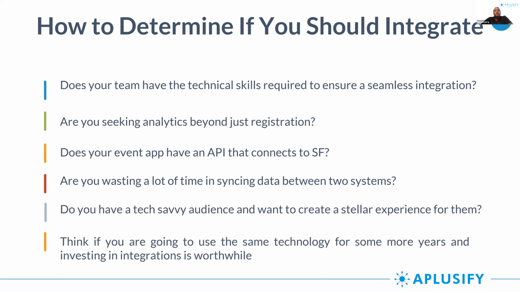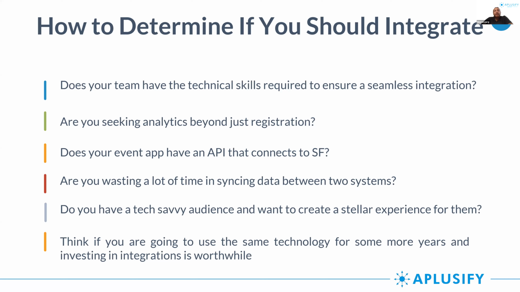Suppose you are using an AMS which you are not satisfied with and you want to change it, and your technical team says, look, let's integrate it with the event app. As soon as you change the AMS and move to some other AMS, that whole integration will be a waste of money, a waste of effort for you.